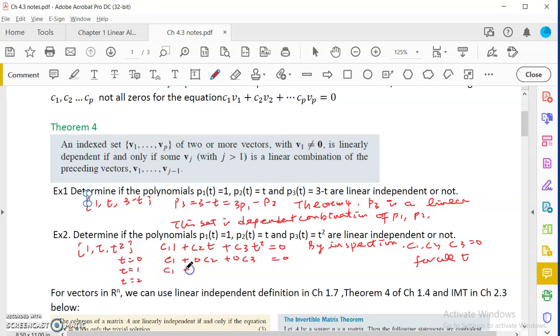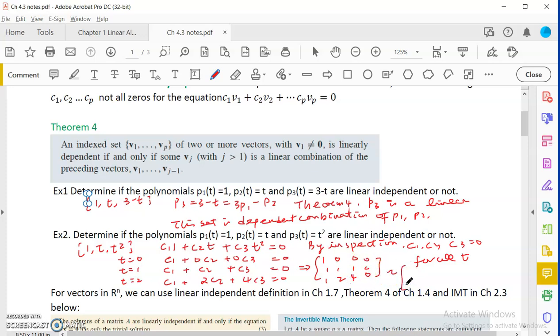At t equal to 1, c1 plus c2 plus c3 equal to 0. When t is equal to 2, then c1 plus 2c2 plus 4c3 equal to 0. And so we would do this just as if we were solving a homogeneous system for c1, c2, c3: the rows 1, 0, 0; 1, 1, 1; 1, 2, 4, with right side 0, 0, 0.